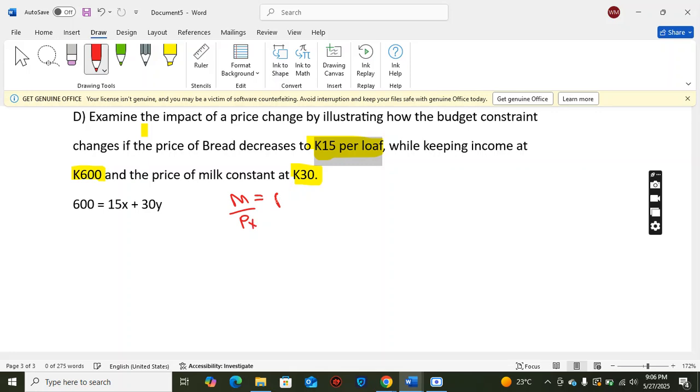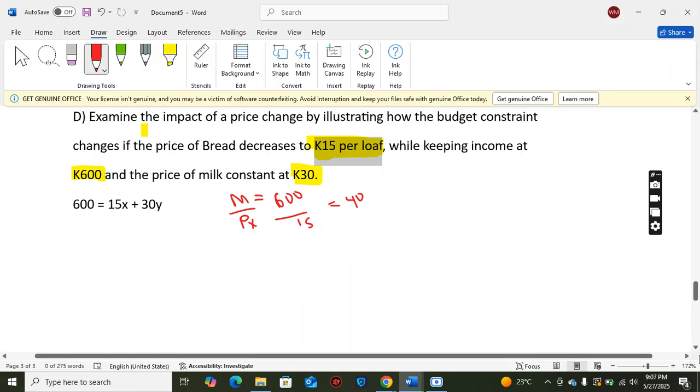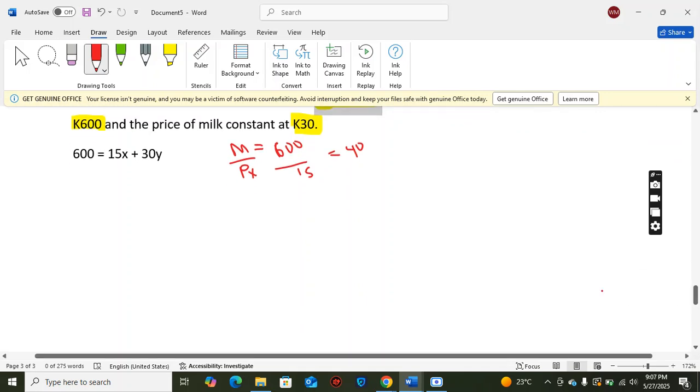40, huh? 600 divided by 15, 40. Okay, 40. So let's see what happens to our budget constraint.